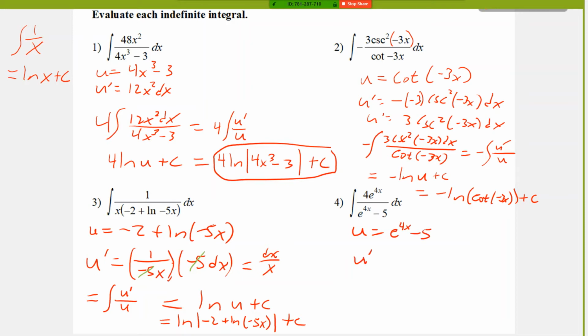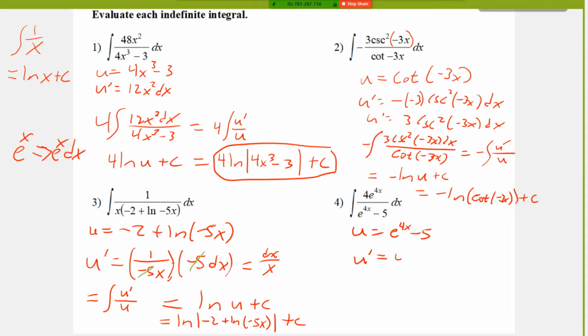Perfect. If I derive that, what will I get? If I derive e to the x, I'll get e to the x dx. So if I derive e to the 4x, what will I get?